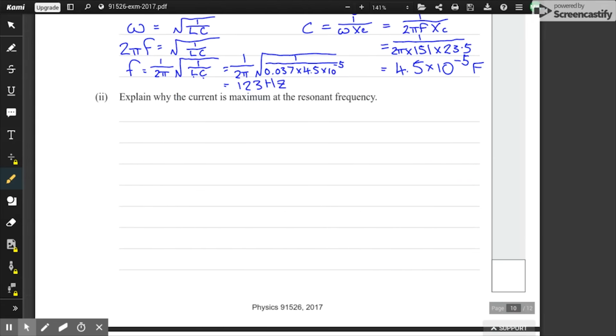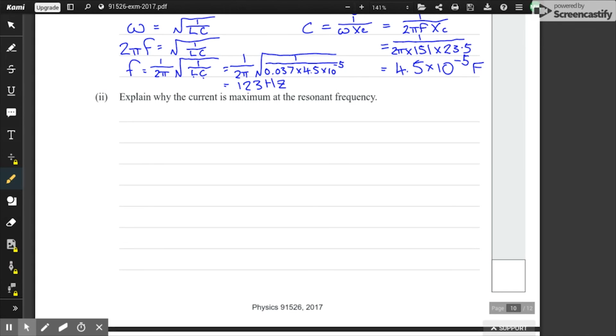All right, explain why the current is maximum at the resonant frequency. At the resonant frequency, the reactance of our capacitor and inductor are equal, but they're also in opposition to each other, and they cancel out, which leads to a minimum in impedance and therefore a maximum in current.